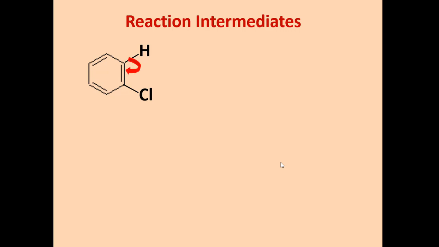Here, under appropriate conditions, during aromatic nucleophilic substitution, the carbon hydrogen bond breaks and the electrons are shifted towards the carbon-carbon bond. This is followed by the breaking of the carbon-chlorine bond and the electrons are shifted towards the chlorine atom.